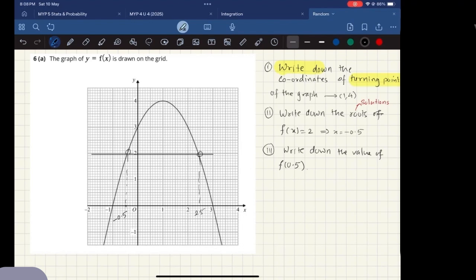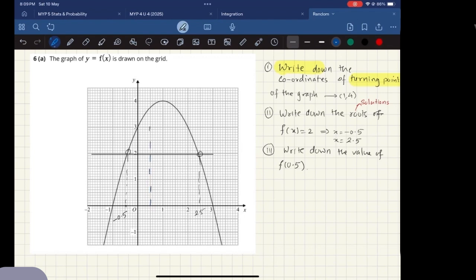In this case, minus 0.1 is acceptable, but you try to be exact. That's better. Then f of 0.5: this is 0.5, and you try to see where you get for this 0.5.